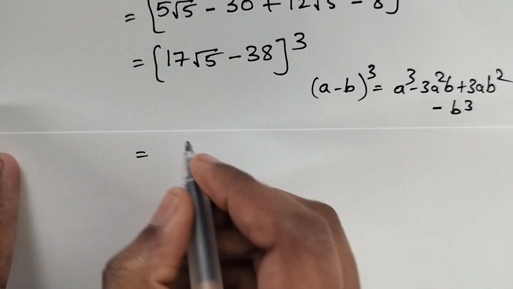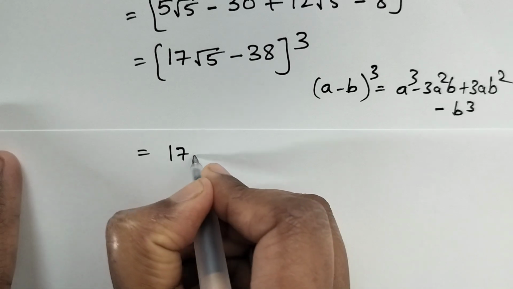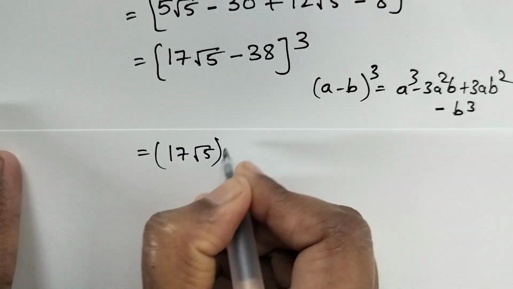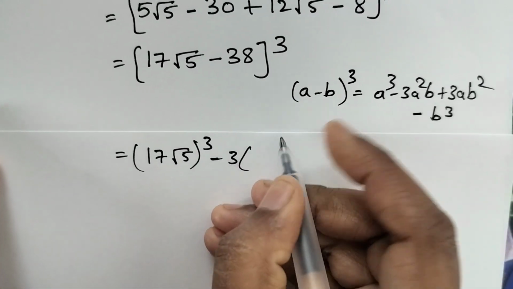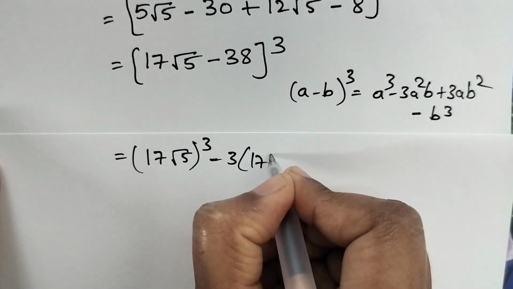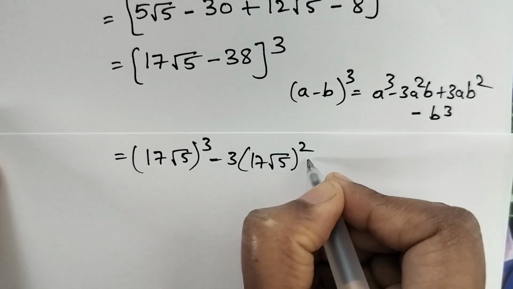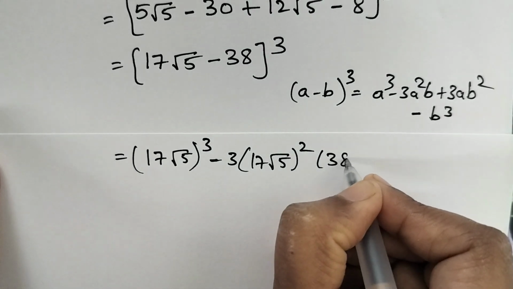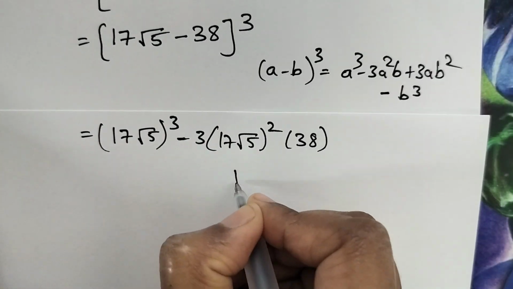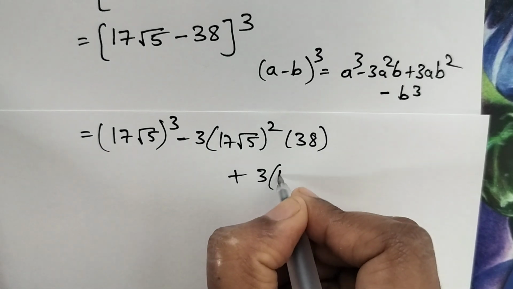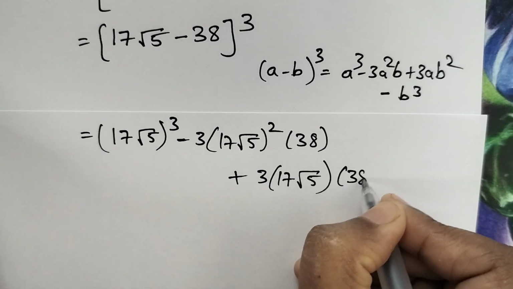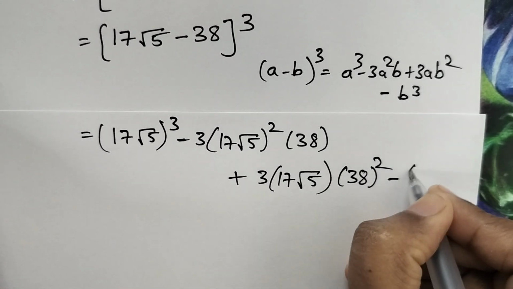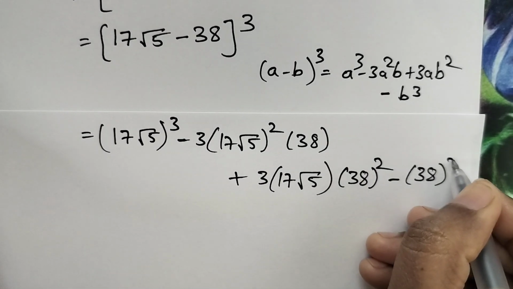Here we can write 17 square root of 5 whole to the power of 3 minus 3 times 17 square root of 5 whole square times 38, plus 3 times 17 square root of 5 times 38 square, minus 38 cube.